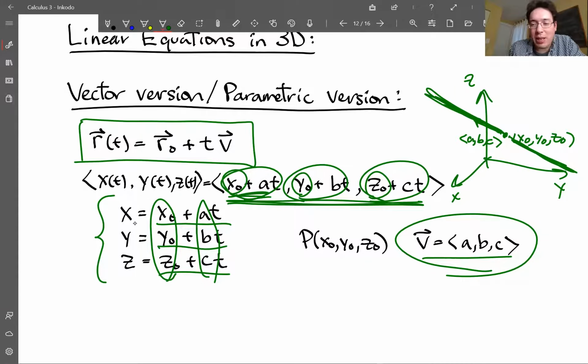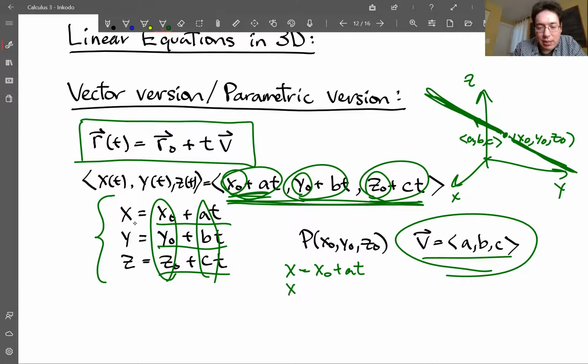The way to go about it is to set the t's equal to each other. So in this formula, x is equal to x naught plus at. Take this equation and solve for t.